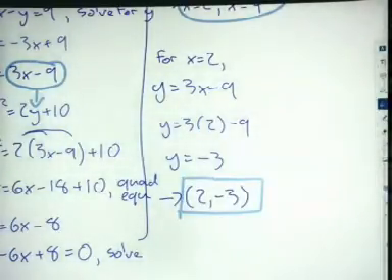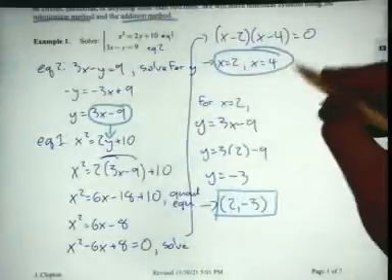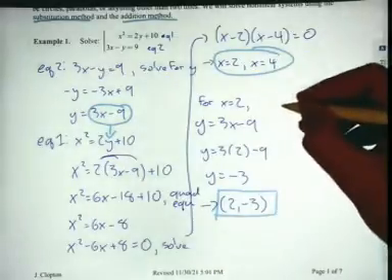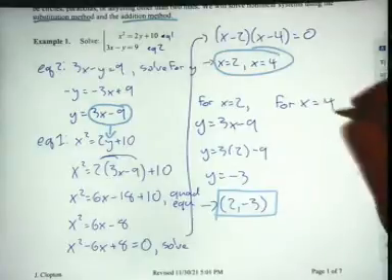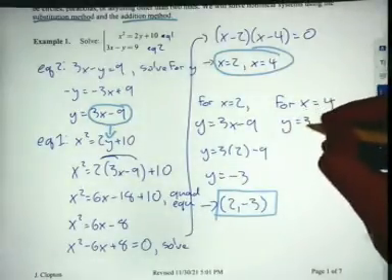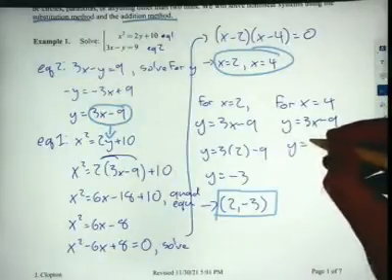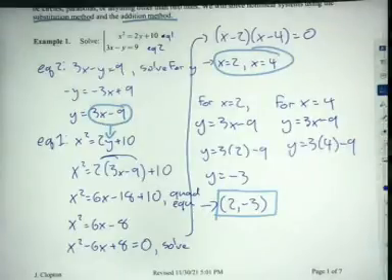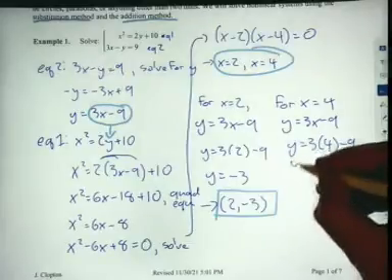So we get the solution 2, negative 3. There is one solution to the system. But remember, we had two values for x. So we have to go through and do the same thing for x equal to 4. We're going to plug this into y is equal to 3x minus 9. So y is equal to 3 times 4 minus 9. 3 times 4 is 12, minus 9 is 3.